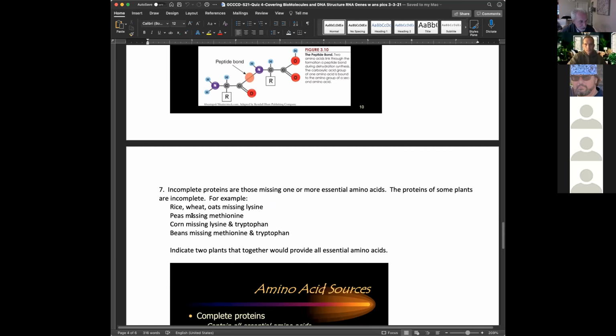Many of you said rice and beans together, and that's correct. Rice is missing lysine, but beans have it. Beans are missing methionine and tryptophan, but rice has those. So you can have a complete balanced diet eating those 2. There are other combinations that would work here, and I accepted any combination as long as they ended up complementing each other.